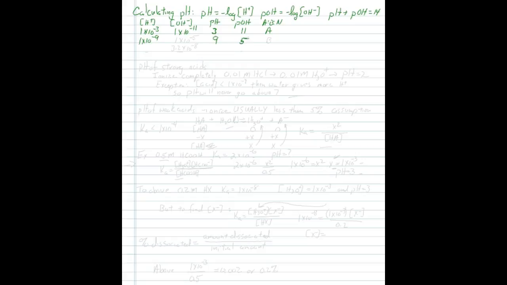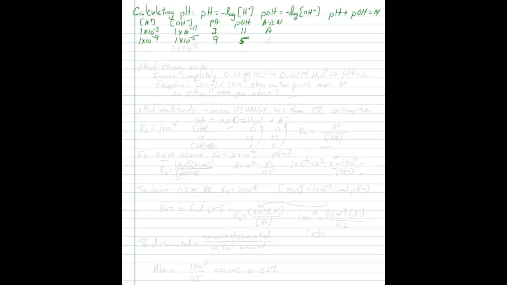Logarithms are exponents. If the exponent's 9, then that's what the exponent is for the negative in front of it. Same thing for the pOH. You can make that 1 times 10 to the negative 5. Negative 9, negative 5, that has to be negative 14.